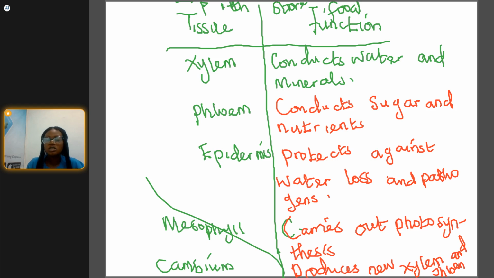So this is the function of each of the components we have talked about, and I believe that we all understand the internal structure of a flowering plant. Okay.